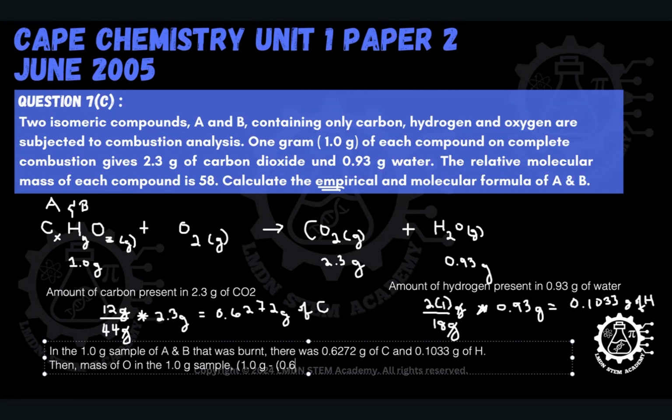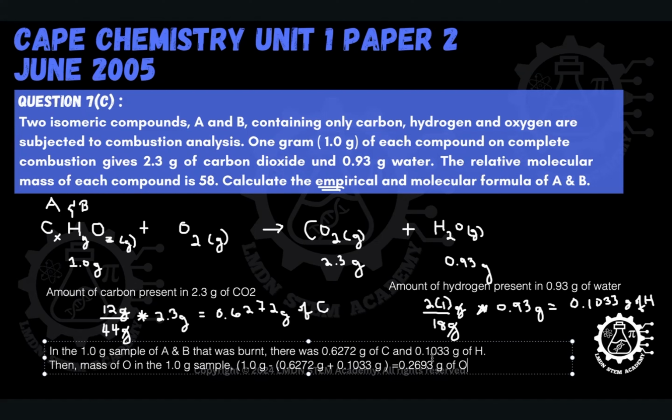So that would be 0.6272 grams plus 0.1033 grams from the hydrogen. And so the mass of oxygen that was in this 1 gram sample turns out to be 0.2693 grams.